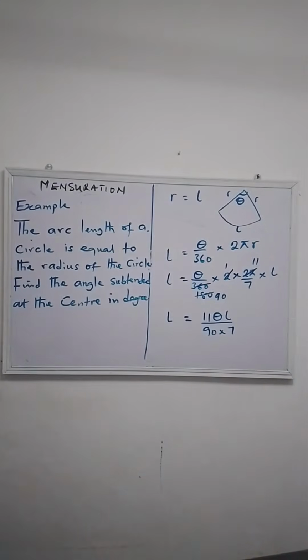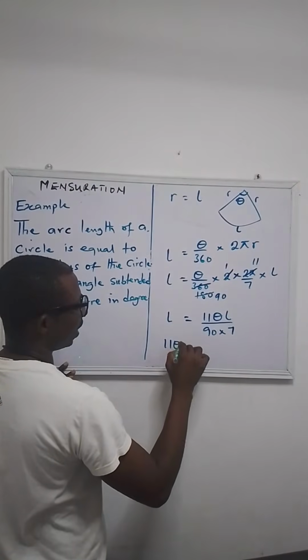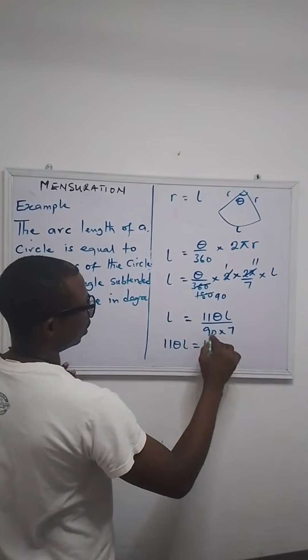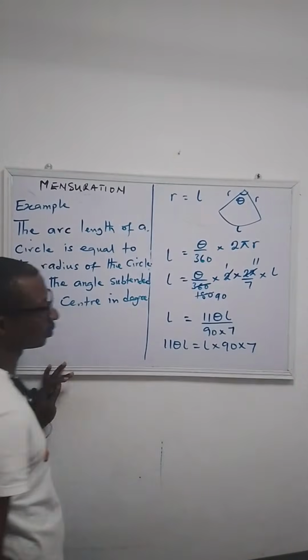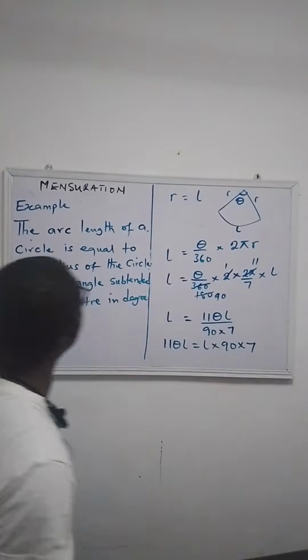Can you see that? So let us cross multiply. So we have 11 theta L equals L times 90 times 7. Okay, so now what do we have next?